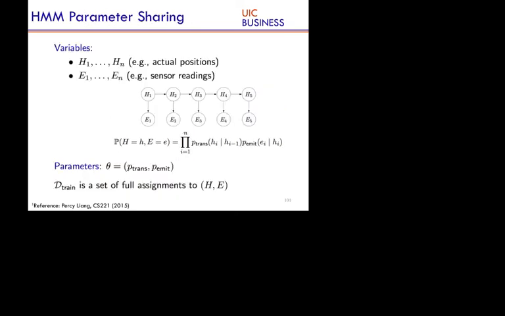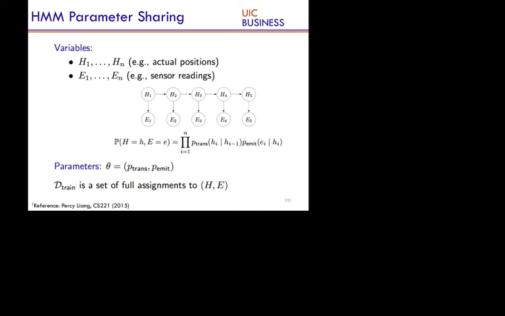I already mentioned that there's a single transition probability matrix and a single emission conditional distribution. So you have very few parameters, but a huge number of random variables. You can figure these out by using EM, actually a variation of EM called the forward-backward algorithm, but it doesn't matter.